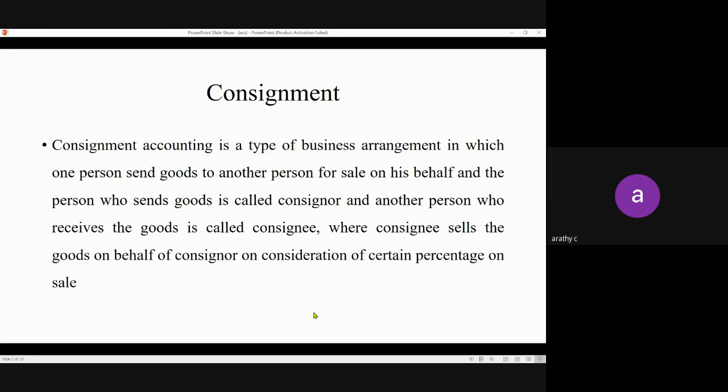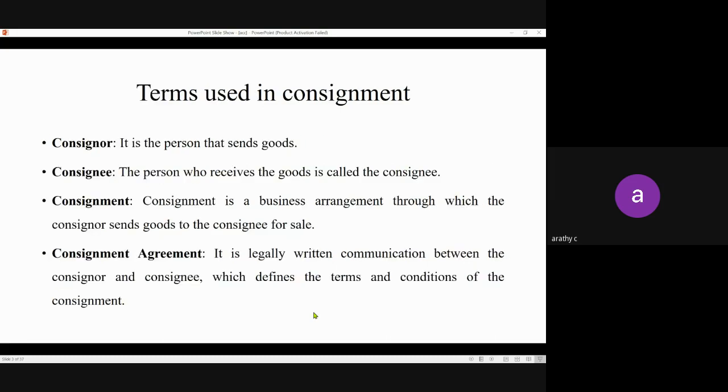It is a business arrangement in which one person sends goods to another person for sale on his behalf. The main terms used in consignment are consigner, the person who sends goods, and consignee, the person who receives the goods. The next is the consignment agreement.